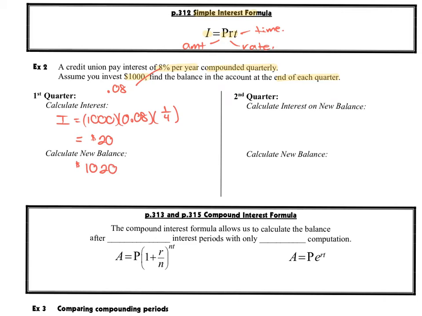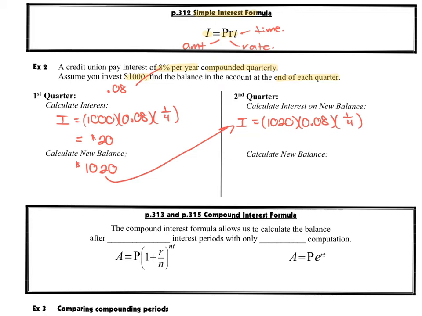So then at the end of the next quarter, what is technically happening is that new balance is being used to calculate interest the next time around. So the next time we calculate interest, we're going to say not $1,000 is in the account. We're going to say we have $1,020 because we're going to get interest on the previous interest. We're still going to have our same rate of 0.08, and we're still only looking at 1/4 of the year.